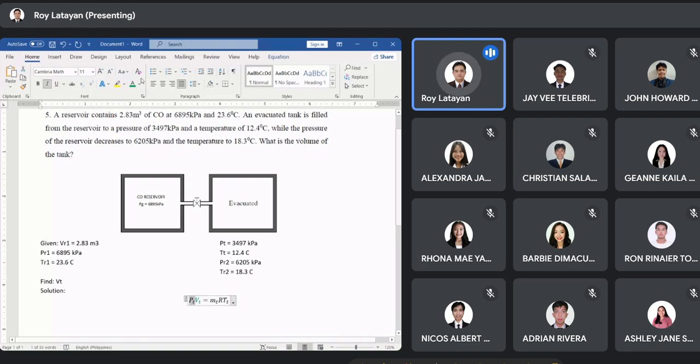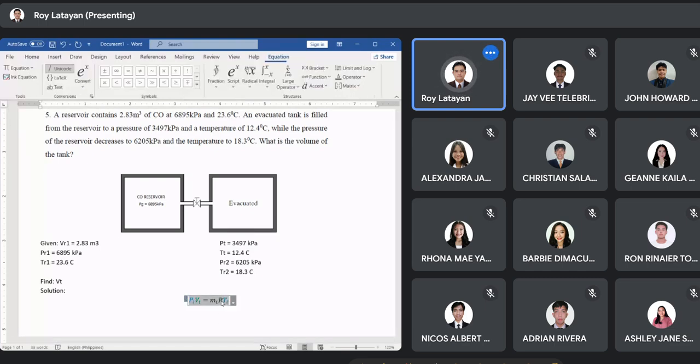Given tayo ng pressure ng tank, given tayo ng temperature ng tank. Medyo malapit na tayo. Ang wala na lang is yung mass ng tank tsaka yung R.